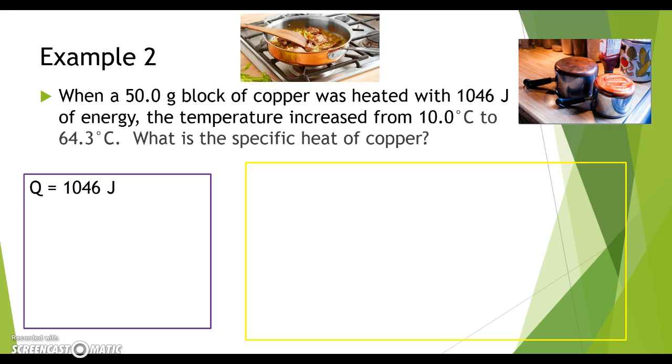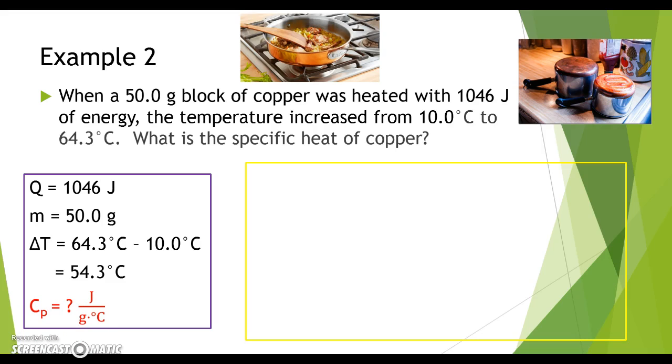We know the energy that is absorbed is 1046 joules of energy. The mass of this copper is 50 grams. The change in temperature is 54.3 degrees Celsius as this block of copper goes from 10 degrees Celsius to 64.3 degrees Celsius. The specific heat of this copper, that's what we're trying to solve for.